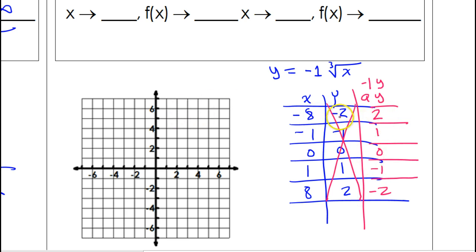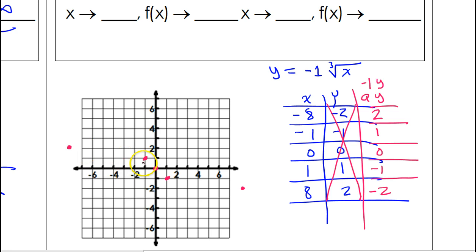So I can go ahead and plot these points now. I'm going to have -8, comma 2. So -8 would be about here, comma 2. -1, comma 1. 0, comma 0. 1, comma -1. And then 8, comma -2.